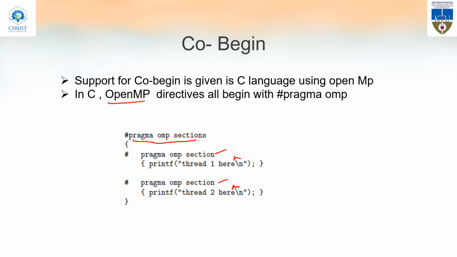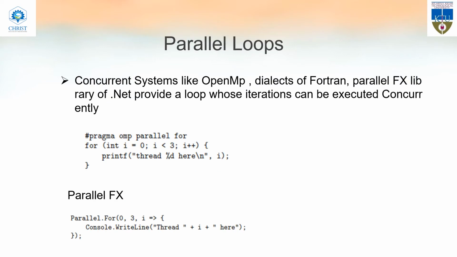Likewise, in pragma omp sections, each section will be executed parallel, or sorry, concurrently. You cannot use the word parallelly, you have to use the word concurrently. So this is another way of using co-begin. Clear? Now we'll move to the next topic.